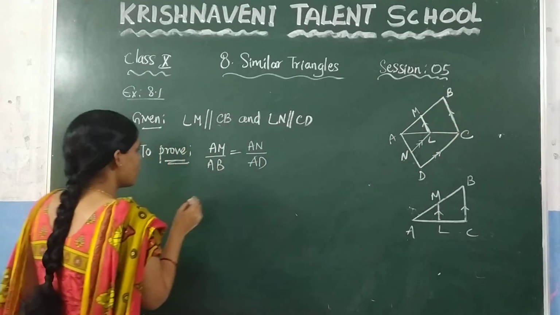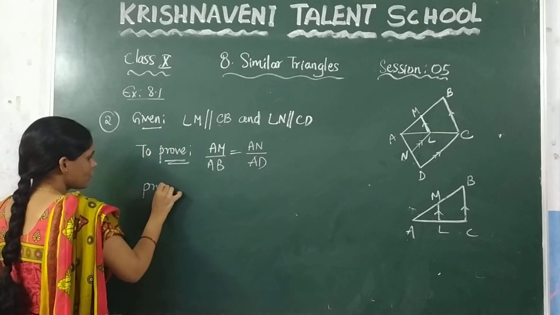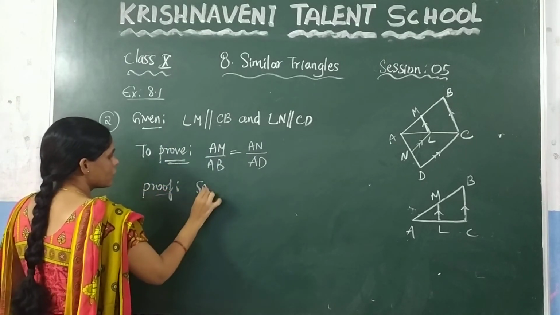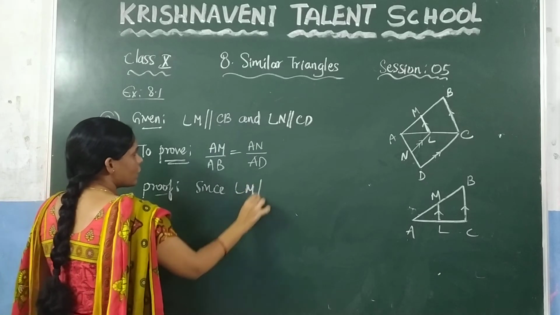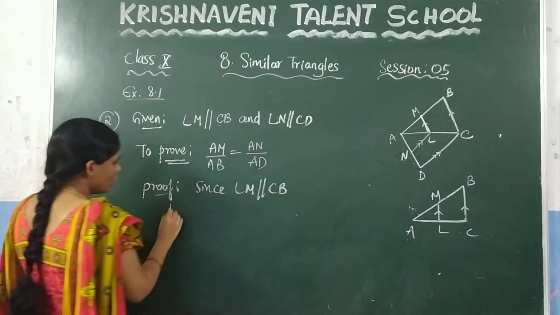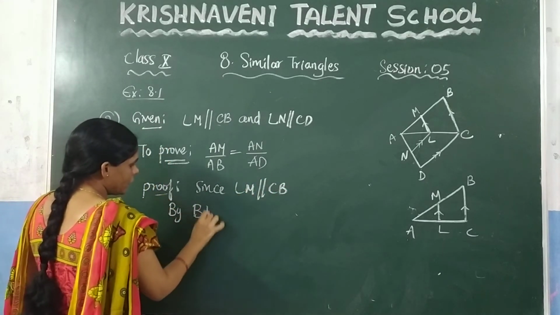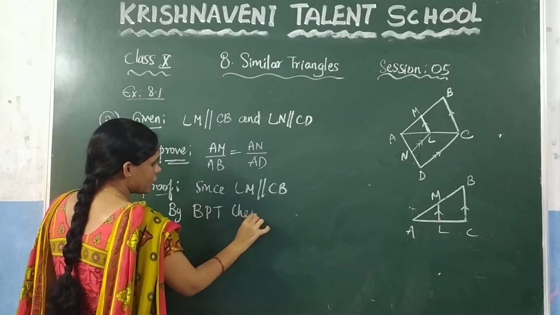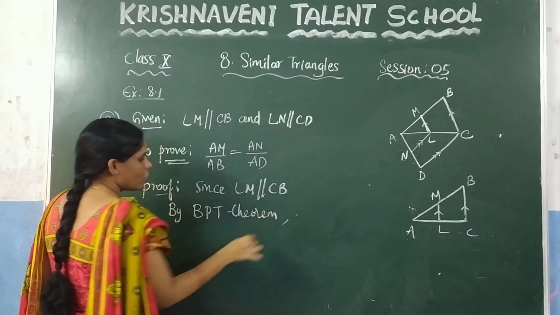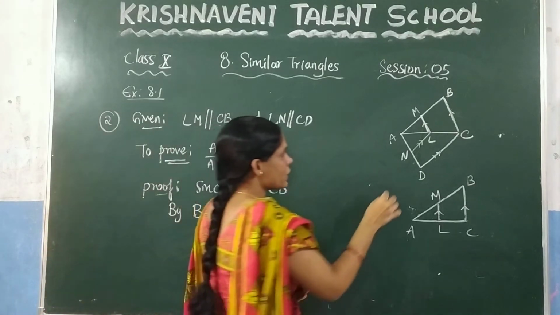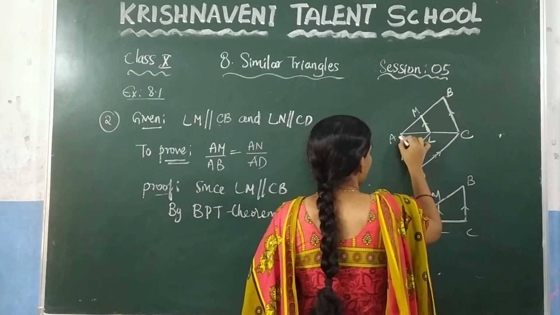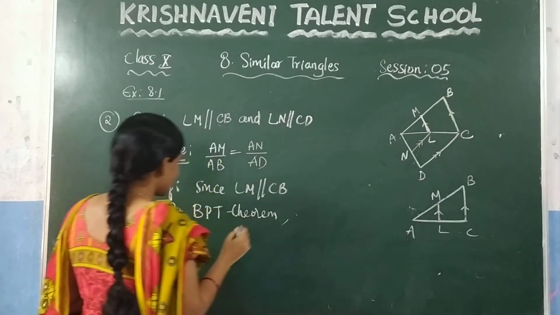So write it here. What is the proof here? Since LM is parallel to CB, by the BPT theorem or the basic proportionality theorem, what can you write? You can write the other two sides are divided in the same ratio. That means AN by MB is equal to AN by LC. So write it here.